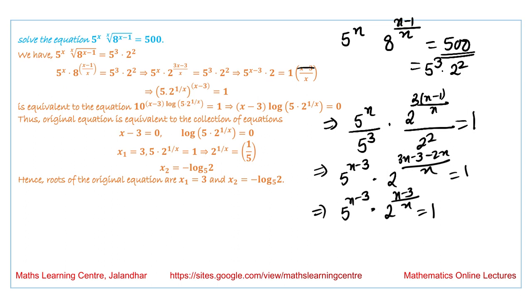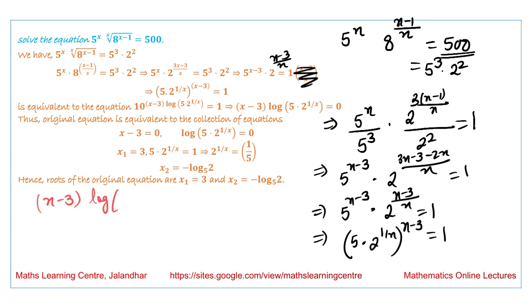So this term, this is basically the power over here, it is x minus 3 over x. So this equation we can write as 5 into 2 raised to the power 1 by x, whole raised to the power x minus 3, is equal to 1. Now if we take log on both sides, we obtain x minus 3 log of 5 into 2 raised to the power 1 by x is equal to 0.